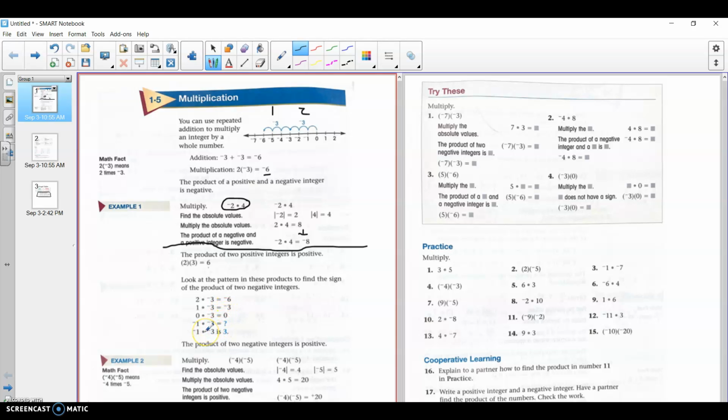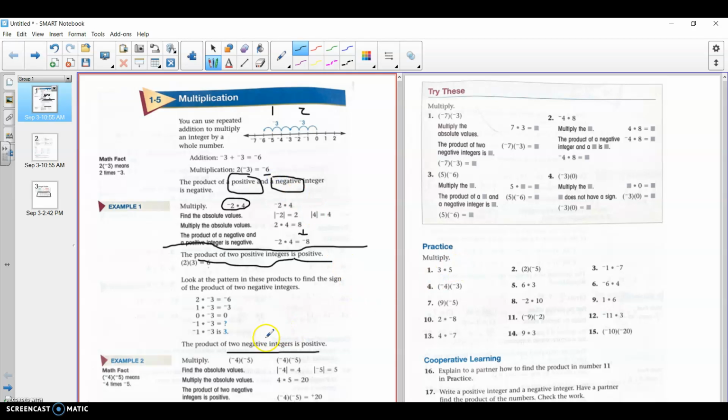And if you did -2 times -3, you're going to get a positive 6. So the product of two negative integers is positive, just like the product of two positive integers is positive. The only time you're going to get a negative answer is when one is positive and one is negative.